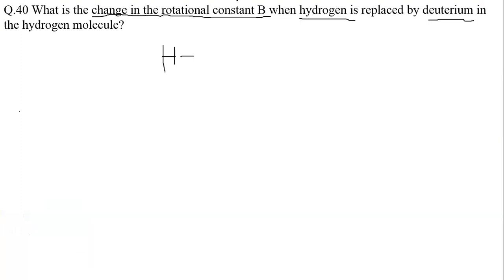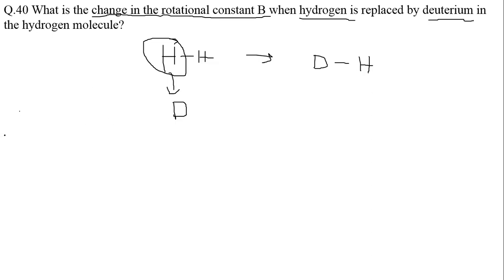Suppose there are two hydrogen atoms and you want to change one hydrogen atom to deuterium, so it will be converted to DH. What will be the change in the rotational constant?